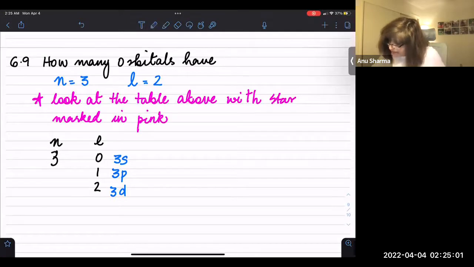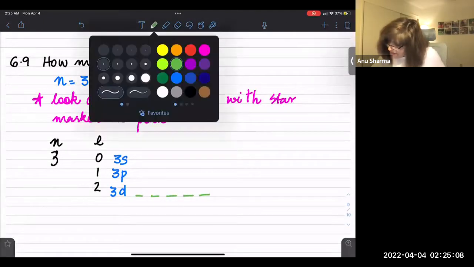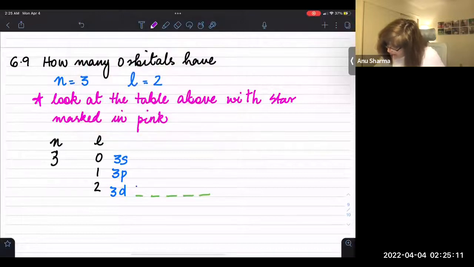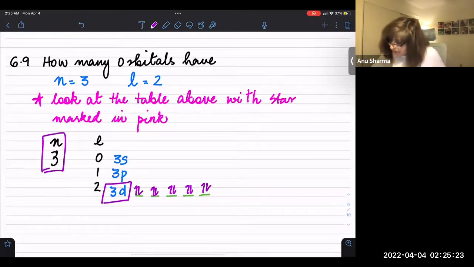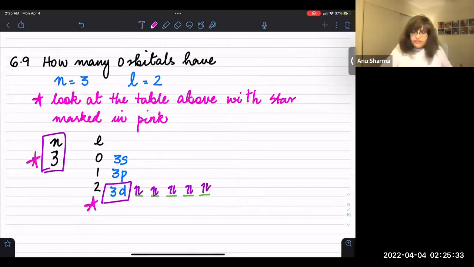So 3D has 5 orbitals, 1, 2, 3, 4, 5. And in these orbitals, you have 1, 2, 3, 4, 5, 6, 7, 8, 9, and 10 electrons. So 3D and N is equal to 3. So these are the ones we are talking about.